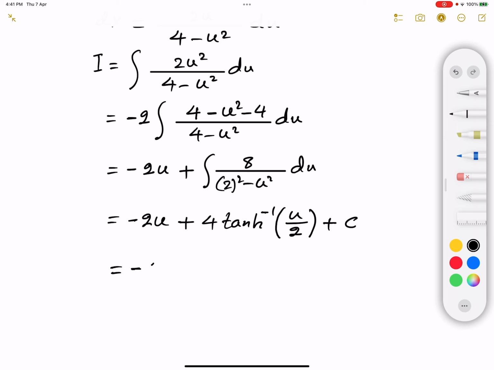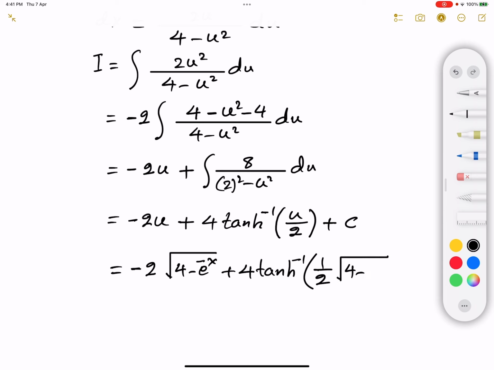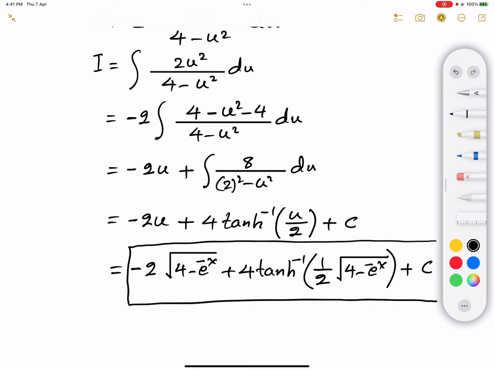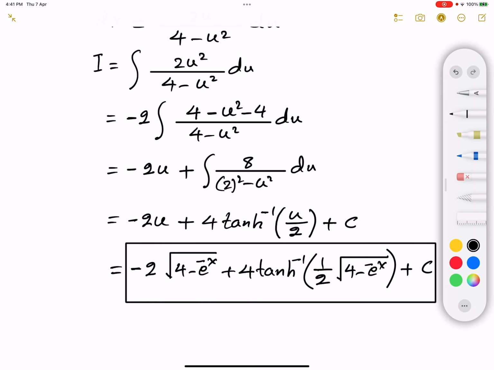So that would give us minus twice the square root of 4 minus e to power minus x plus 4 tangent hyperbolic inverse of half multiplied by the square root that we have originally, which is 4 minus e to power minus x, plus c, the constant c, and that's basically the final answer for this problem.